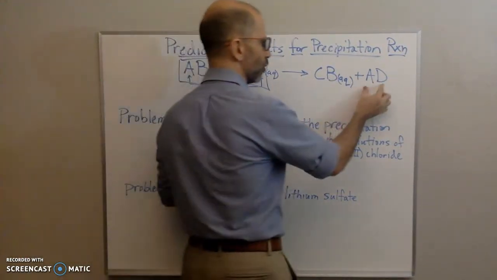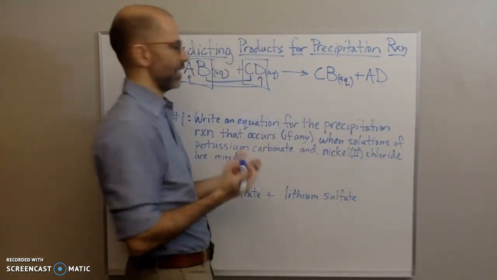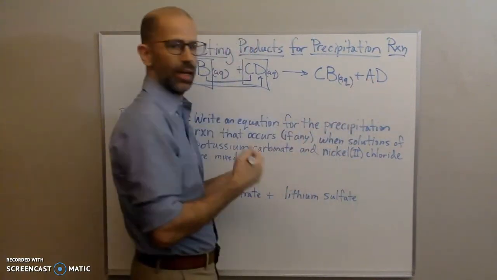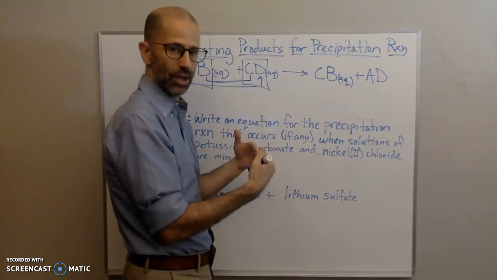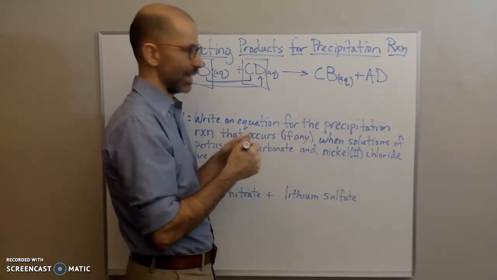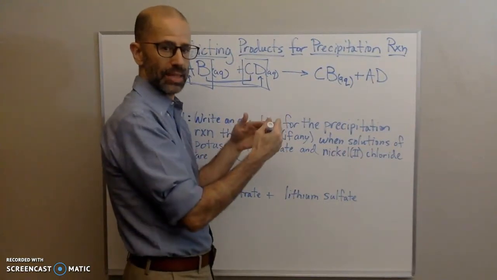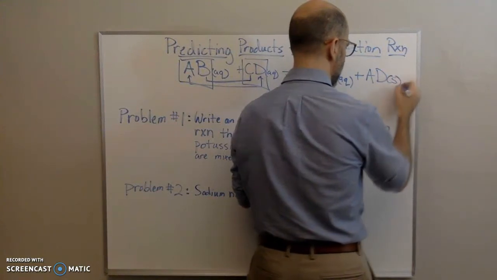Now, if I look at AD on my solubility chart, and it turns out that A and D, when they come together, they interact and they are insoluble, that's an insoluble salt, then that means that it's going to precipitate and become a solid because it's insoluble. And so that would be a solid.